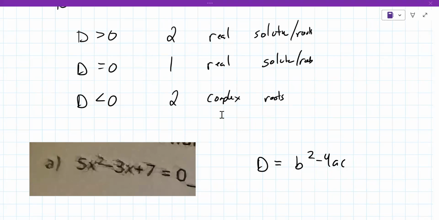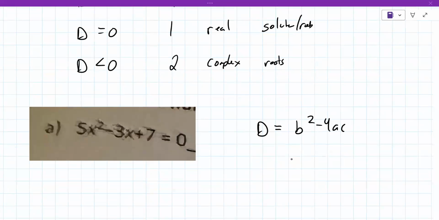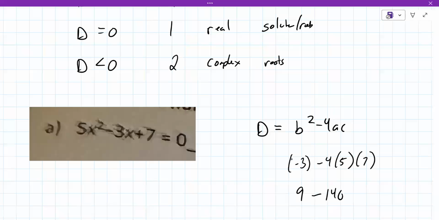We have different values, and that's what I'm concerned about. Yes, you were right, but maybe not for the right reason. It is 9, but it's 5 times 7, that's minus 140. Oh, it should be negative 131. I got 9 minus 140.